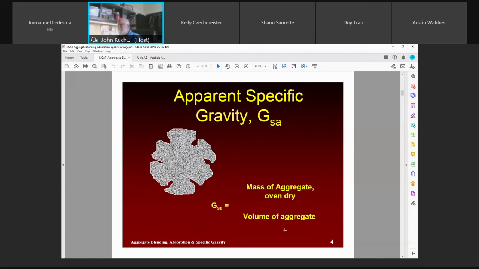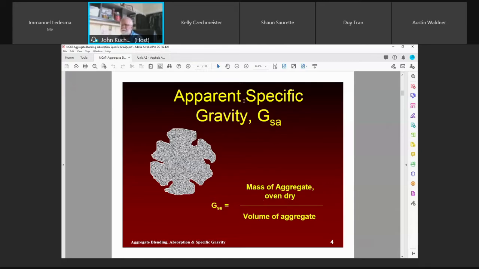But in metric, it's essentially the same thing, because this is either 1,000, if you're looking at a cubic meter, or the density of water is 1 gram per cubic centimeter. So specific gravity is unitless. So if you took the volume of aggregate times the density of water, it gives you unitless. If you leave it this way, this is actually mass per volume, which is density. Okay, so this formula isn't technically right, but I think we understand it, right?